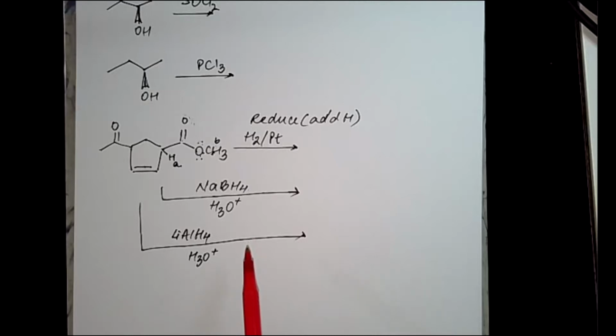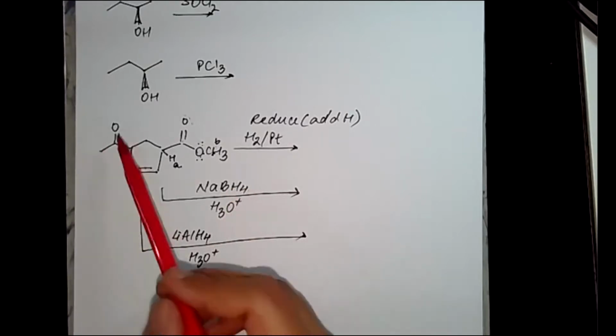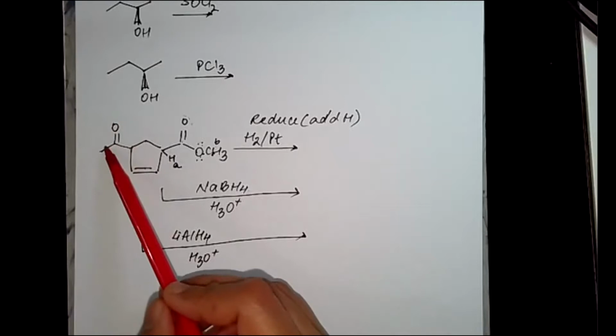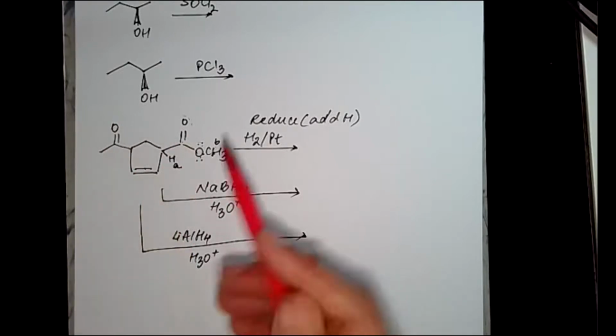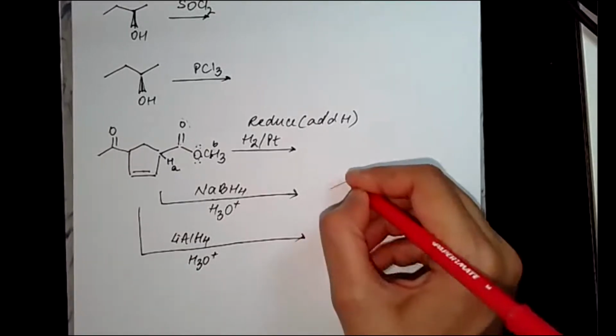Aldehydes and ketones. Very good. So sodium borohydride only reduces aldehydes or ketones. They don't reduce alkenes. They never reduce esters. So what is the product that you're going to see here?